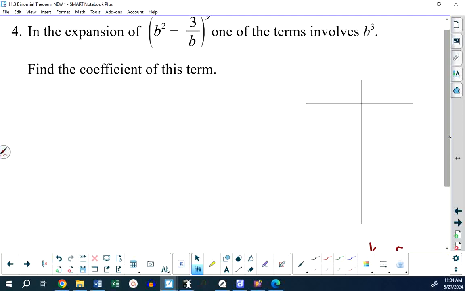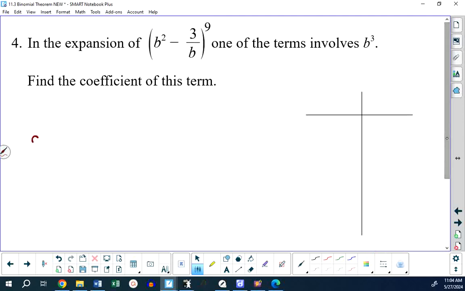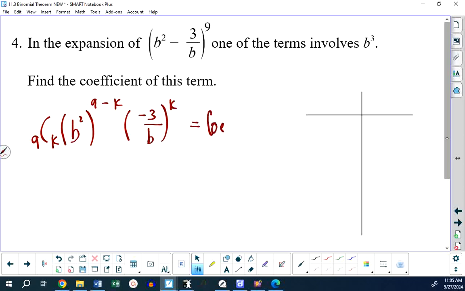That n, which is 9, choose k, which we don't know, times x raised to the 9 minus k times y raised to the k has to give us a coefficient times b cubed, because we're after the b cubed term. Well, the 9 choose k, the negative 3 to the k, those two things give us our coefficient.